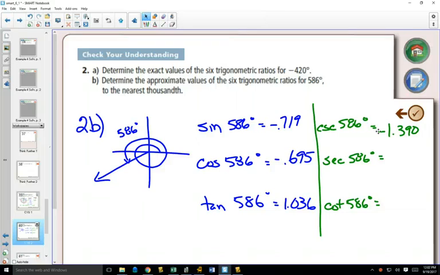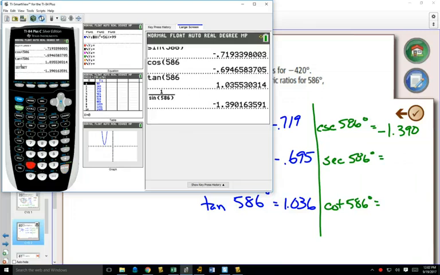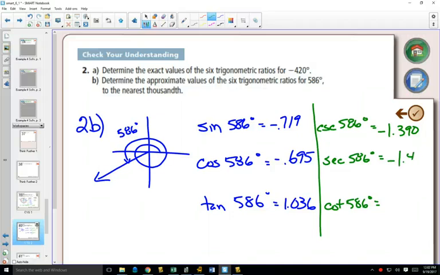And that's how we can find cosecant, secant, and cotangent. So for secant, I'll do that same thing. I'll get my fraction button, alpha y equals, 1 divided by cos 586, negative 1.4. If I round that to 1,000, it's going to be negative 1.440.